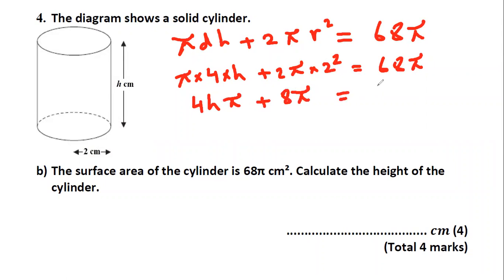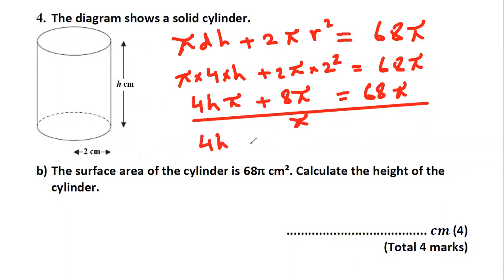That equals 68 pi. If I divide the whole equation by pi, this will give me 4h plus 8 equals just 68, because pi will disappear from here and from here.